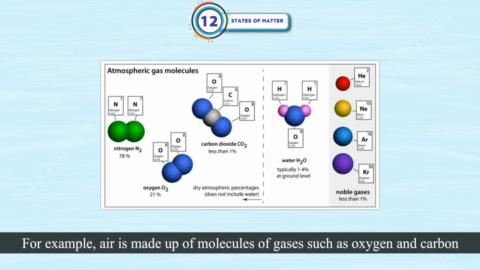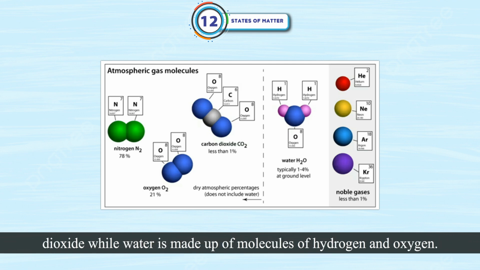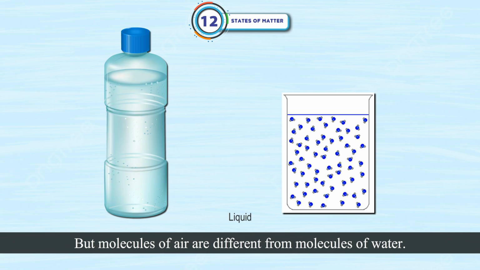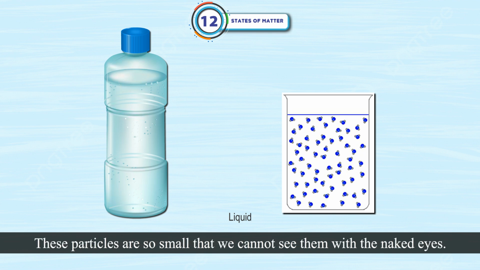For example, air is made up of molecules of gases such as oxygen and carbon dioxide, while water is made up of molecules of hydrogen and oxygen. But molecules of air are different from molecules of water. These particles are so small that we cannot see them with the naked eyes.